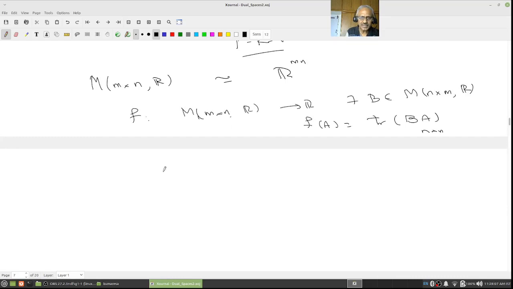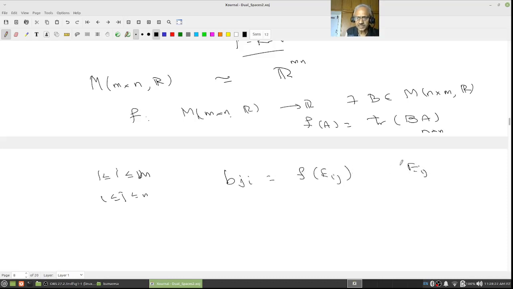How do I do that? It's exactly the same way. For each i, 1 less than or equal to i less than or equal to M, and 1 less than or equal to j less than or equal to N, I define B_ji to be f of E_ij, like earlier. What is E_ij?